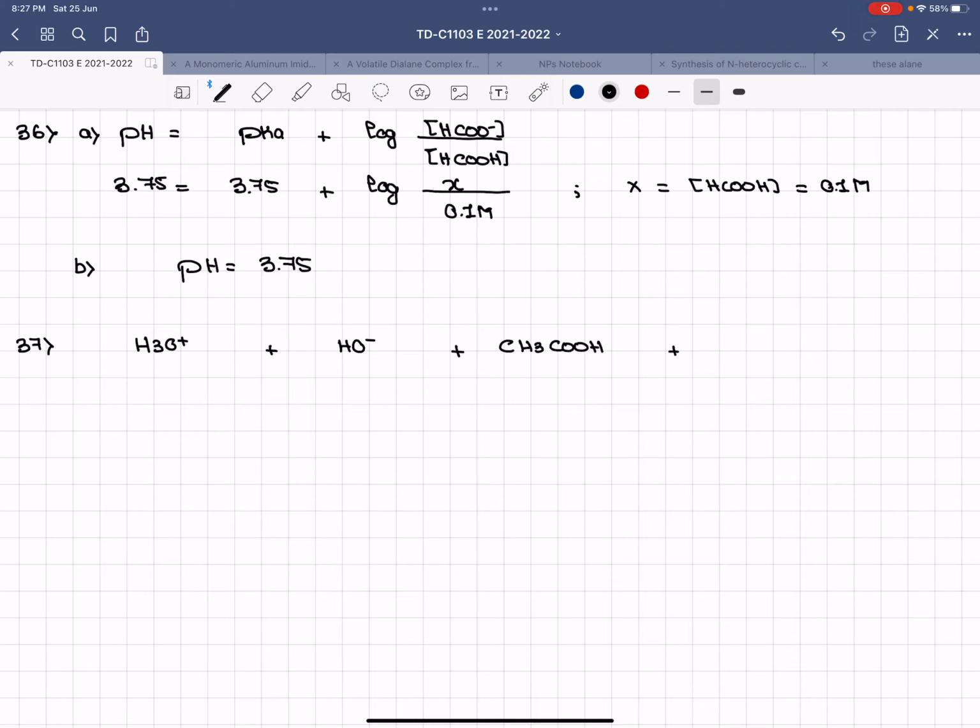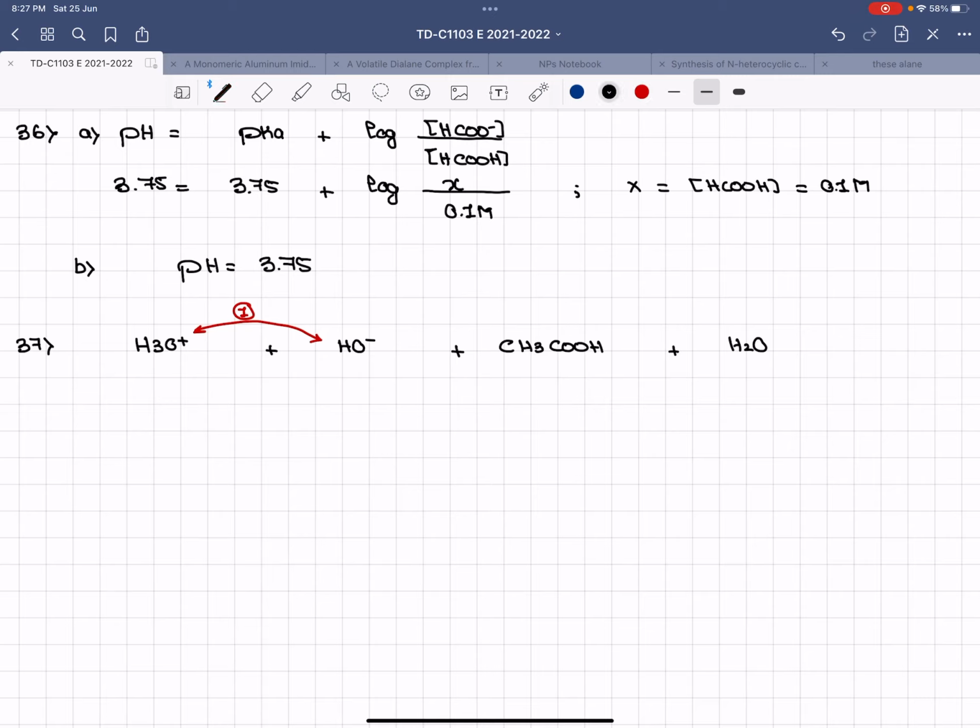I know that HO minus and H3O plus will react first, and then see what remains to react with CH3COOH. The strong will always react first with the strong or the stronger.